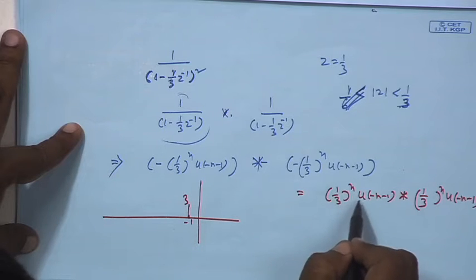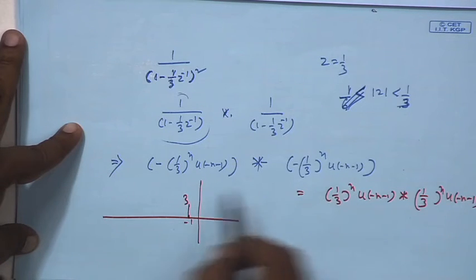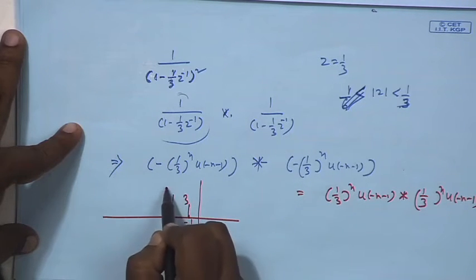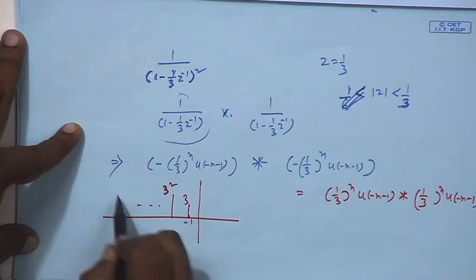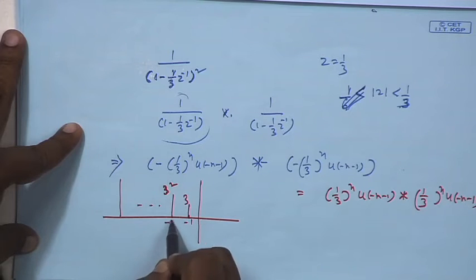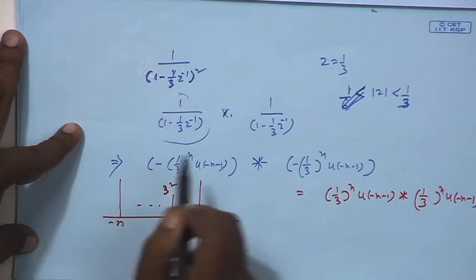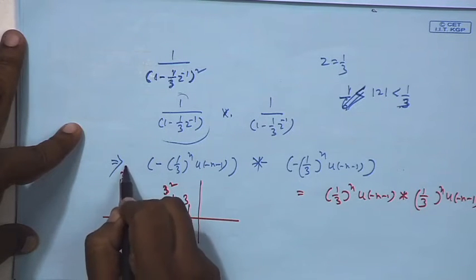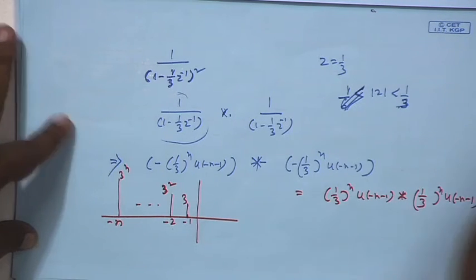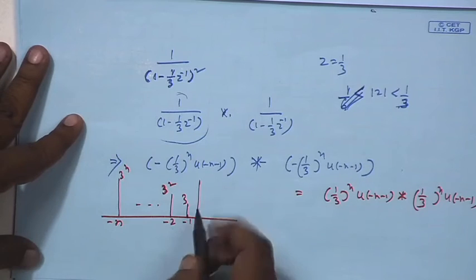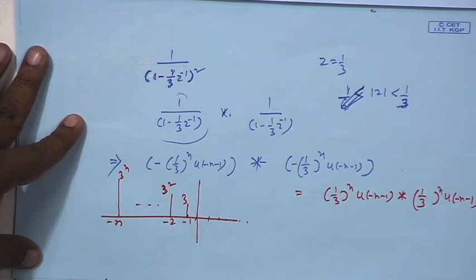Then 1 by 3 to the power minus 2, so 3 square, dot dot, at minus nth it will be 3 to the power n. This sequence, then this side is 0, 0, 0, 0, 0, 0.